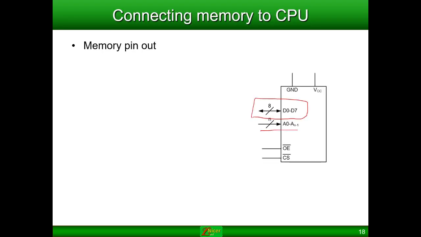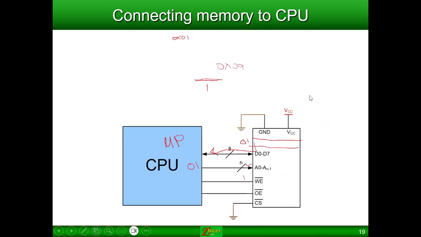So this is how we connect our memory to our CPU. Here we have a schematic. We can see this part. It has the data lines highlighted. It has the data lines from D0 to D7, and then we have our address lines from A0 to AN-1, and then we have our read and write cycles, and our chip select, our ground, and our VCC.